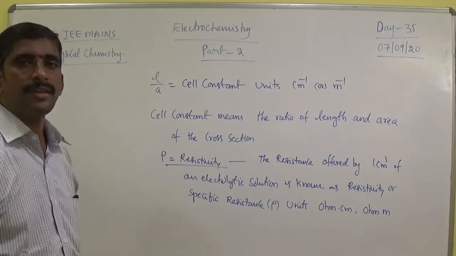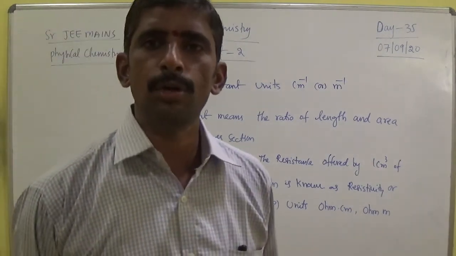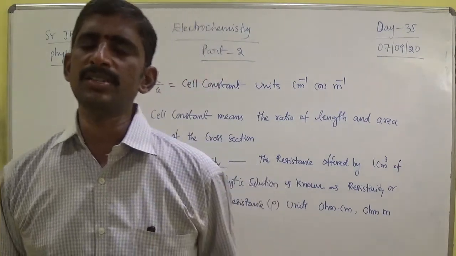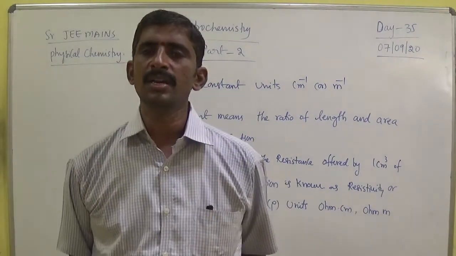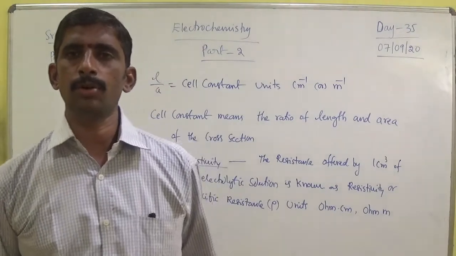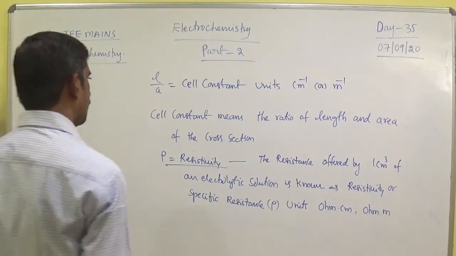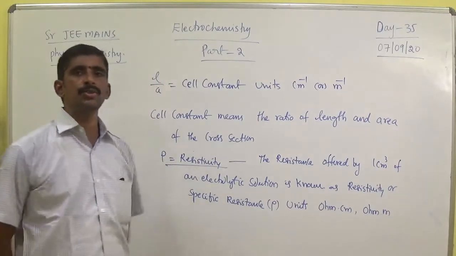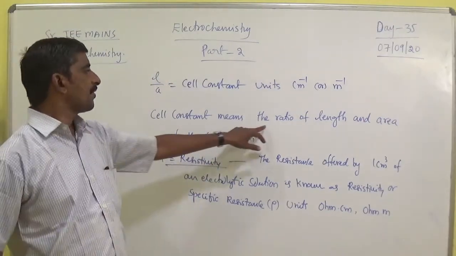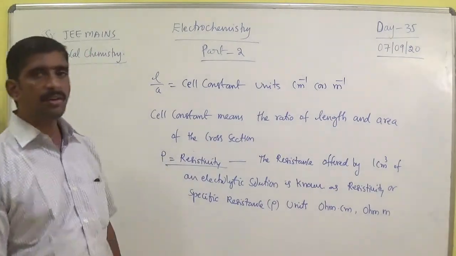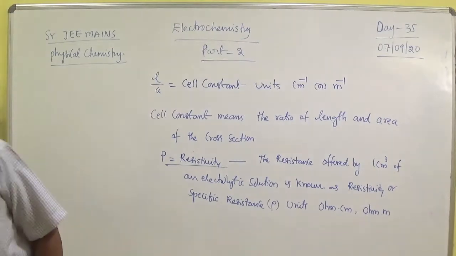Anyway, resistance R equal to rho into L by A. Here L by A means cell constant. Cell constant means the ratio of length and area of the cross section.